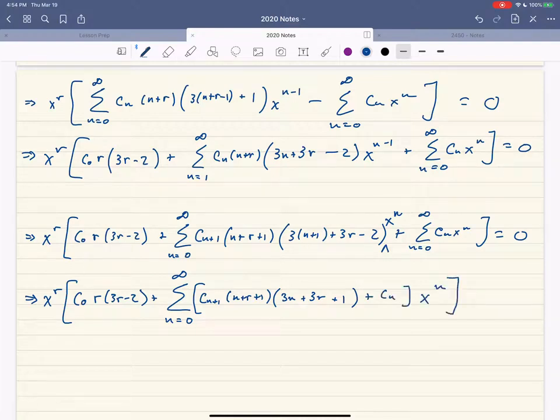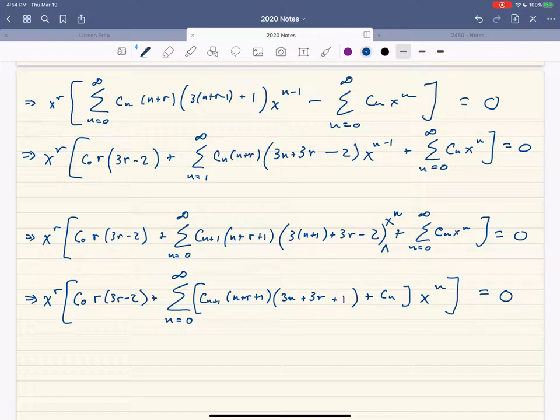So I did two steps at once there. I simplified the thing inside the sum, and then I combined these two because they have the same starting index and the same power of x. So everything's fine.